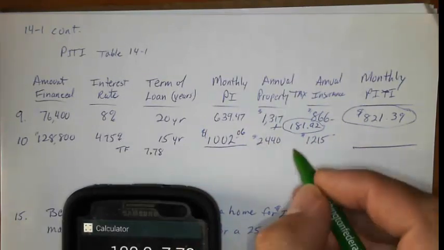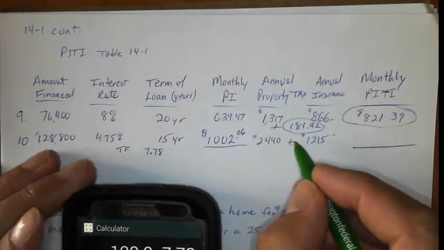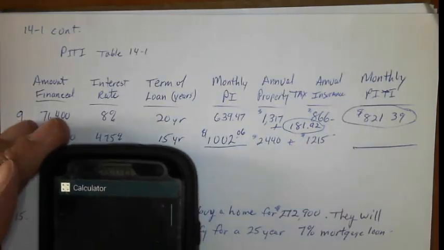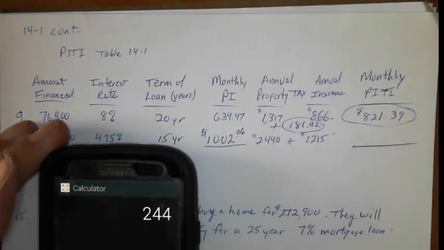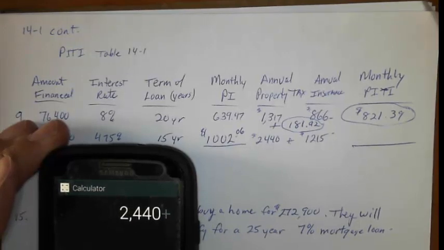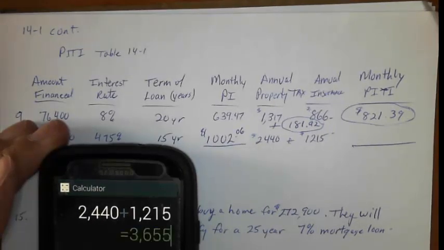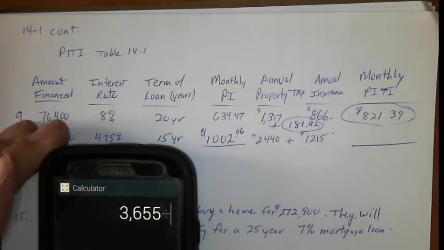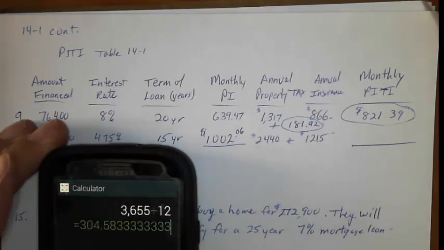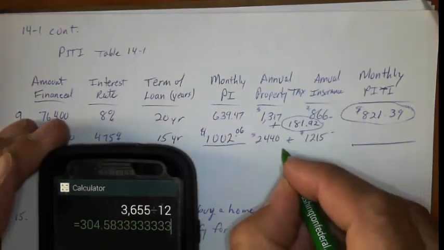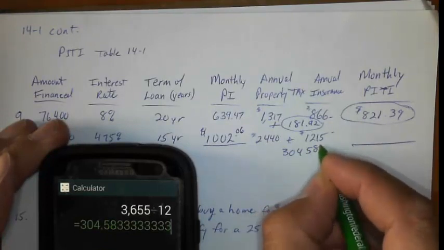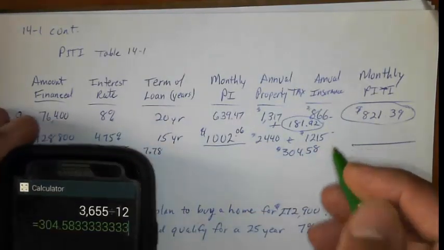So then we look at our property taxes and our insurance. So we add that on there. And we're going to divide by 12 because we're working in monthly payments. So we're going to add 304.58 to that.